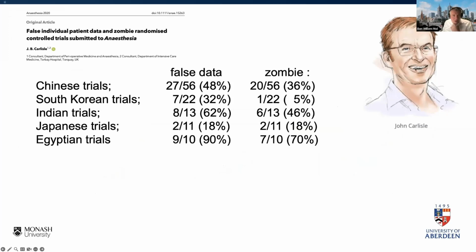This is John Carlisle, an anesthesiologist who works for the journal Anaesthesia. And he, as one of the few editors for a long time already, assesses the underlying data from the studies that are submitted. He published a couple of years ago that the rate of false data varies depending on the country, somewhere between 20 and 90%.